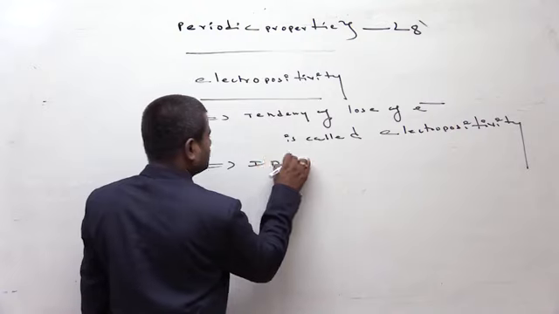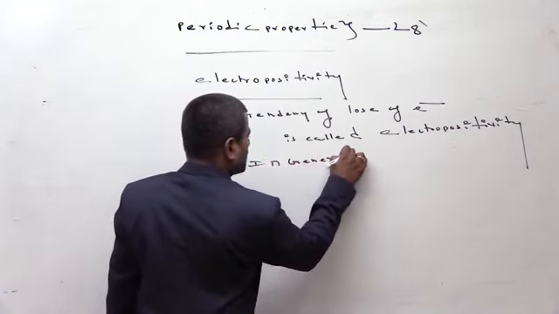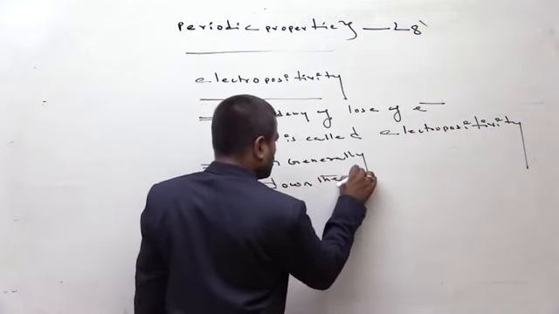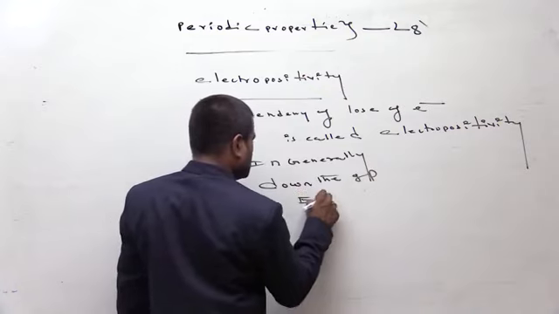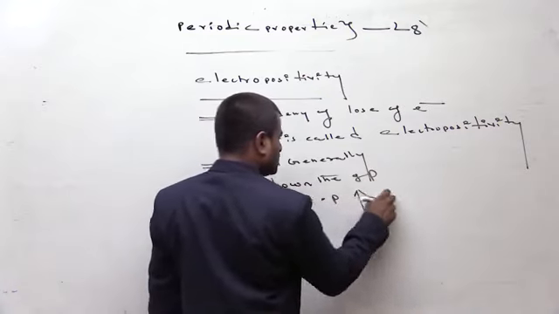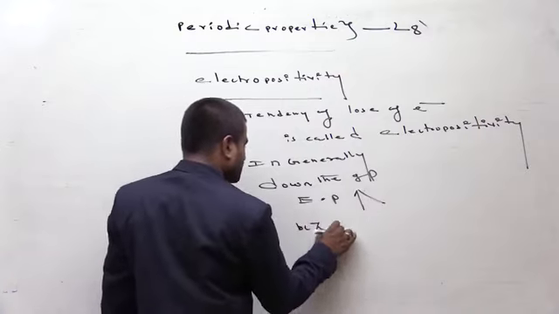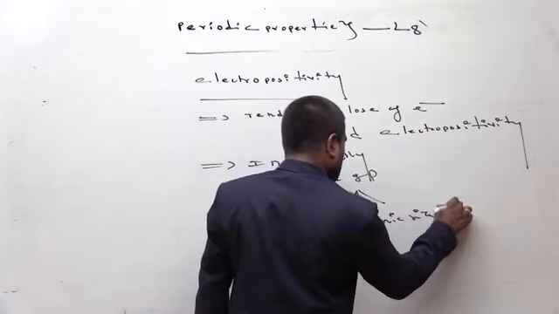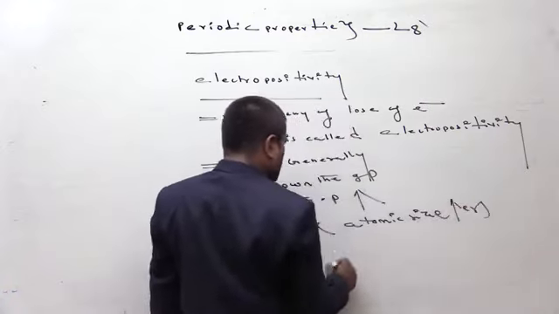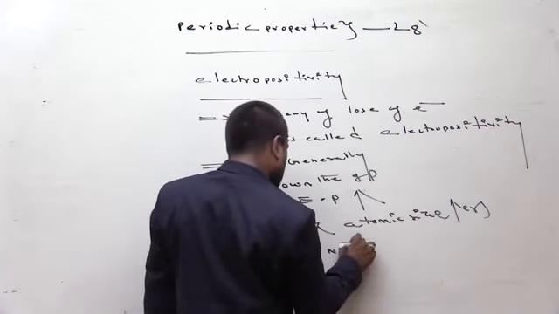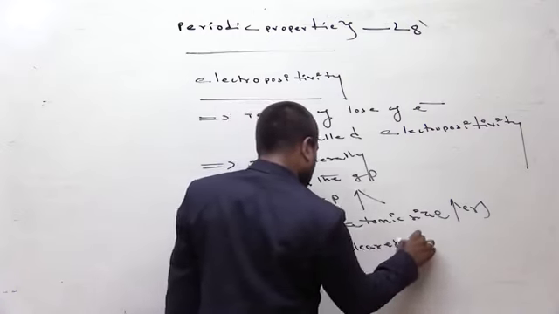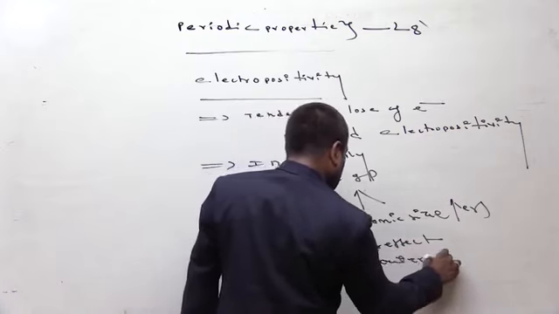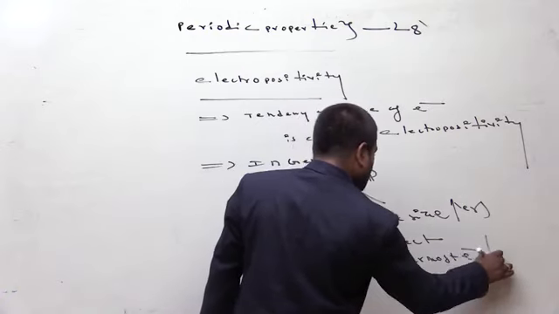In general, down the group, electropositivity character increases because atomic size increases, and the nuclear effect on the outermost electron decreases.